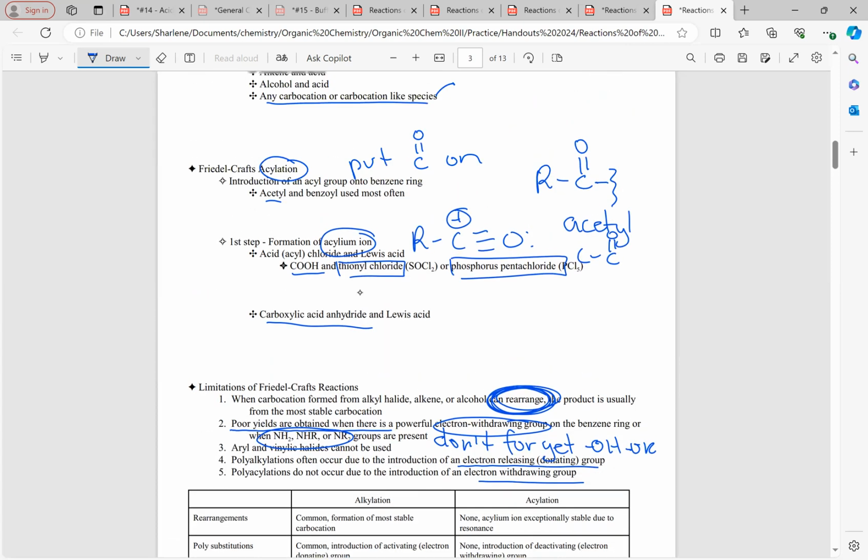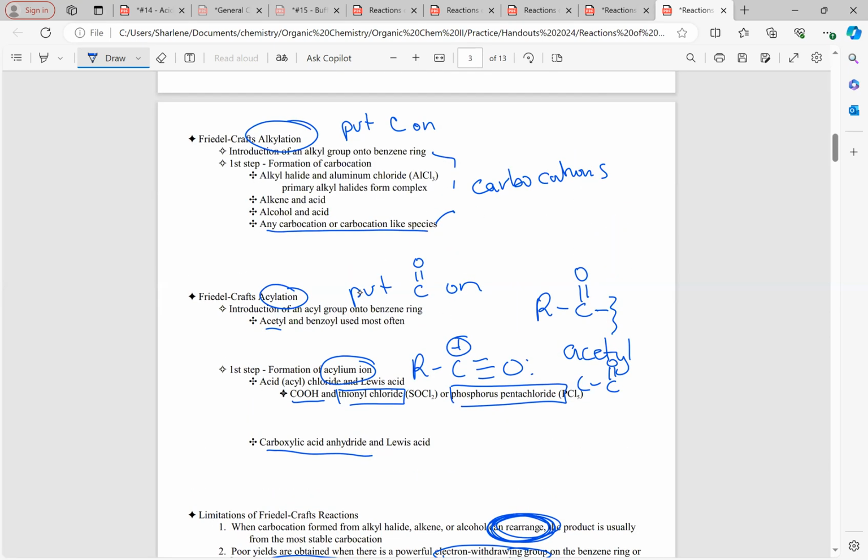But know this, alkylation puts an electron donating group on your benzene, and acylation puts an electron withdrawing group on your benzene. And so we have to take into account what that is going to do for future reactions.